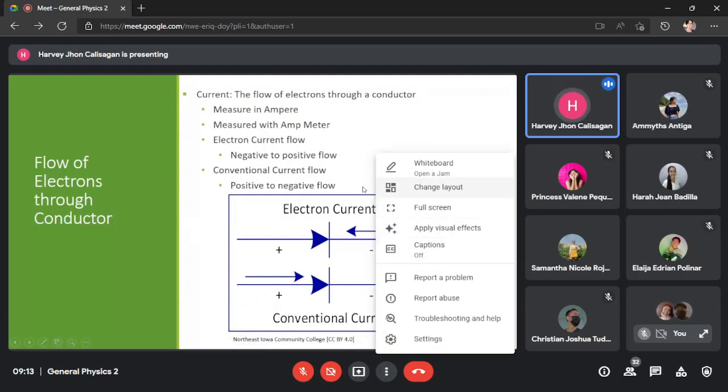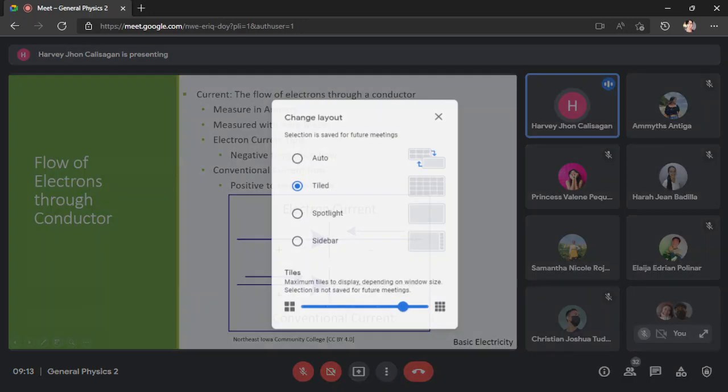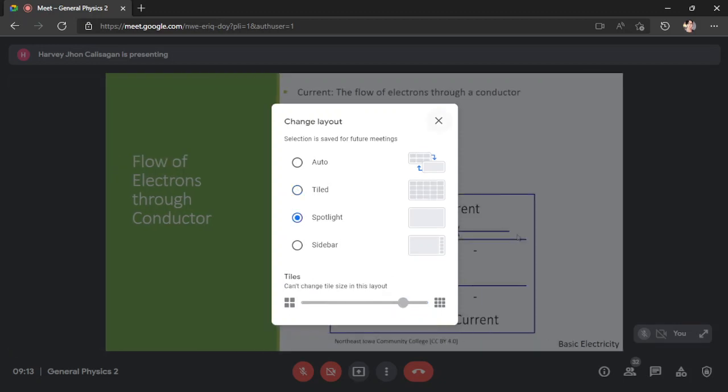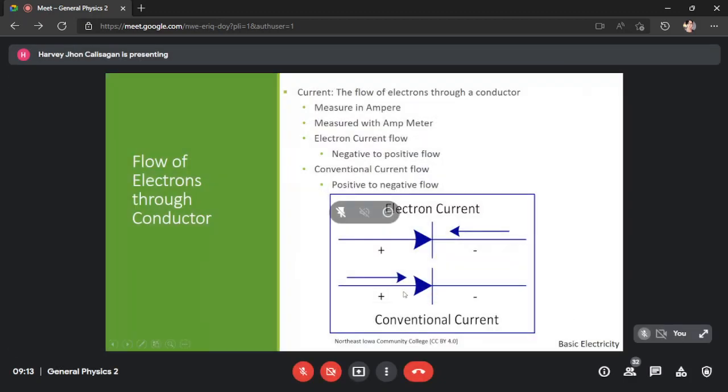In the conventional current flow there is an alternate cycle, as you can see in this picture. For electron current flow, for example with direct current, there is only one path and one direction, from negative to positive.